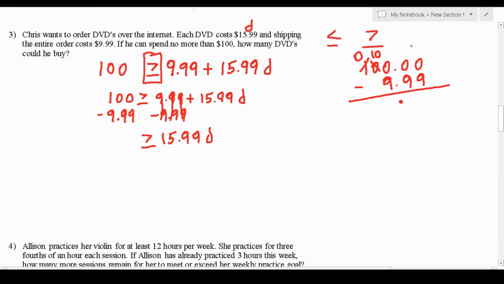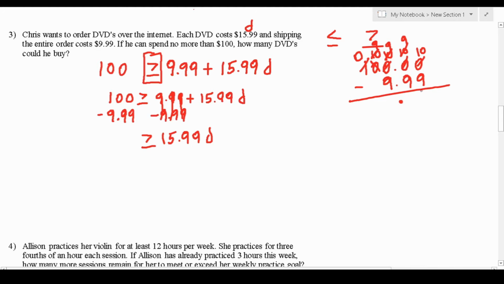Again, we're trying to borrow all the way over here, so we're going to have to borrow across all these places. So this is going to become 9, and now this is going to become 10. This is going to become 9. This is going to become 10. And finally, this is going to become 9, and this one's going to become 10.